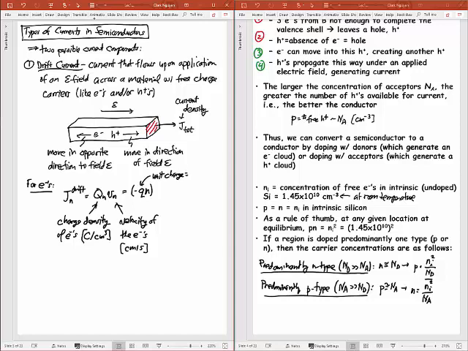And that's equal to 1.602 times 10 to the minus 19 coulombs. Okay, but that's a number that I think you all have seen before in your physics classes.